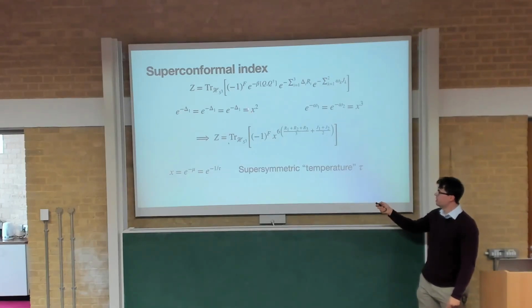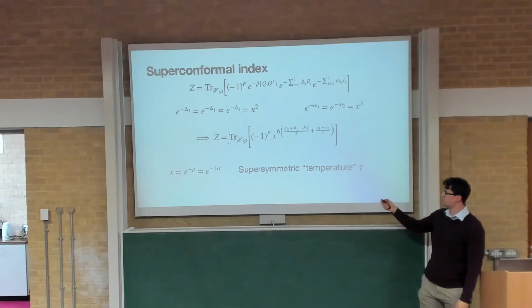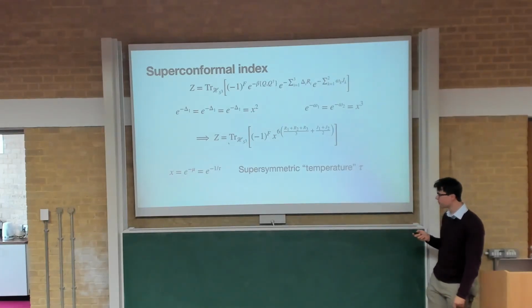So it's like the ratio between the product of the R charges and the angular momentum has to be 1. So you have x to the 6 on the top and x to the 6 at the bottom equals 1. So that's why.